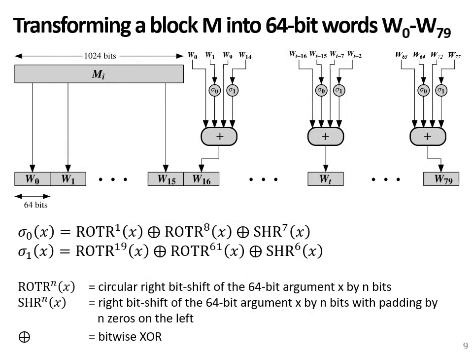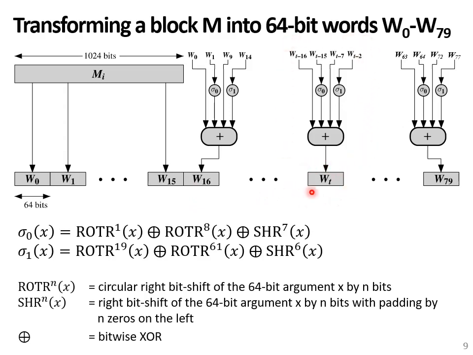The only remaining question is how the input words W0 to W79 are calculated out of the input block MI. Specifically, the first 16 of these words are directly derived from MI by splitting the 1024-bit block MI into 16 64-bit words. Subsequent words are derived from previous words.